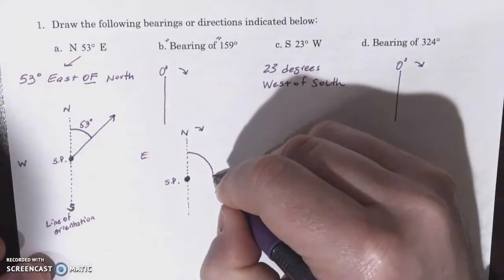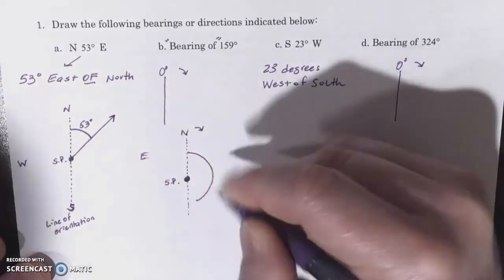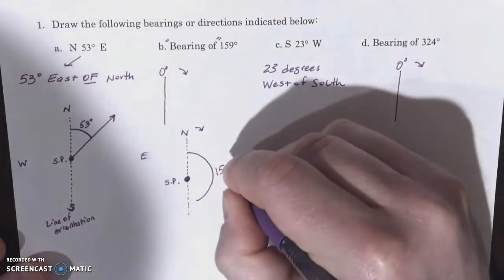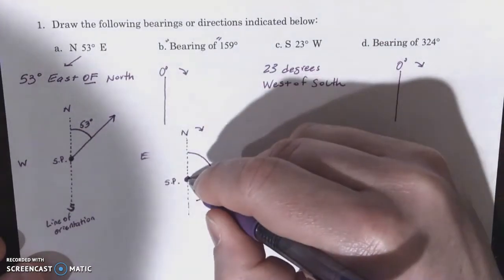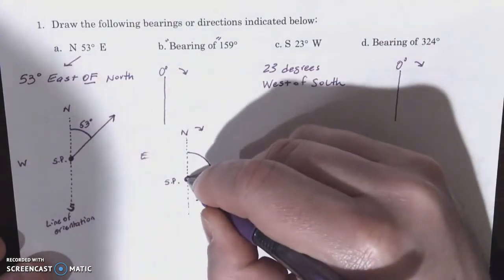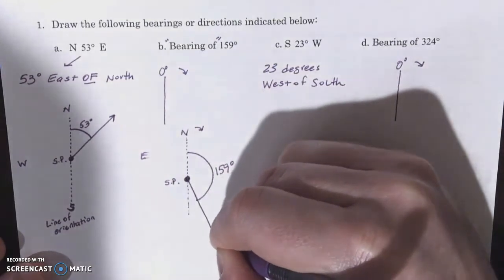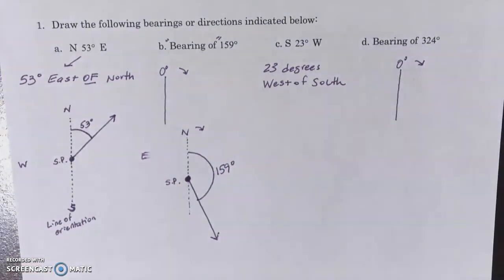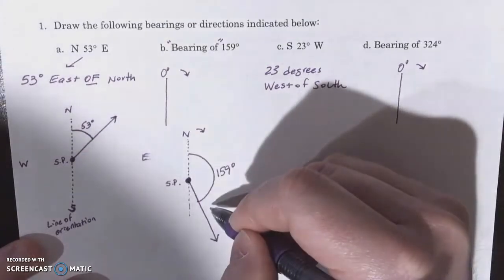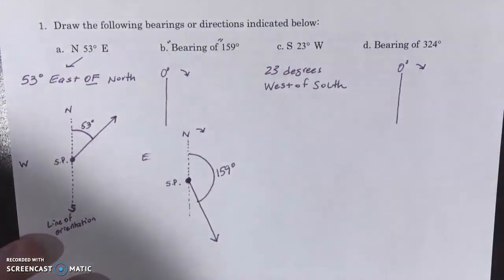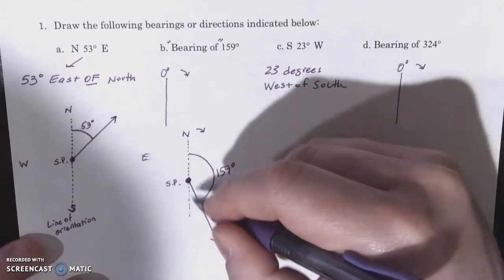Open up all the way past 90, pretty close to 180. We'll call that 159 degrees. That means from our starting point, that would be the direction of that bearing. That would be the direction we're traveling. Although it becomes important depending on what you're looking for in a problem, this tells you this path.